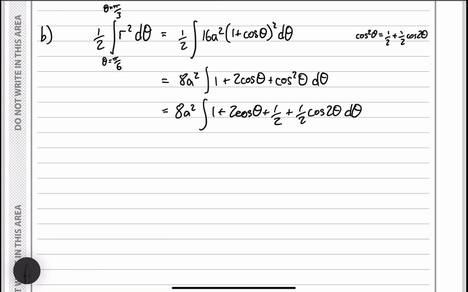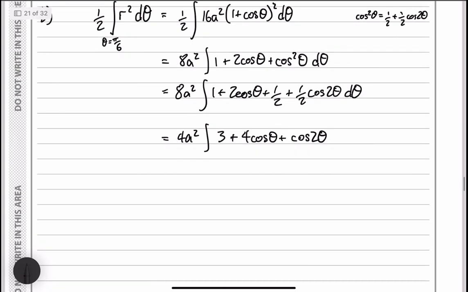And can I take some things out? That's a 3 over 2. So let me take the half out. Let's make that 4a squared integral 3 plus 4 cos theta plus cos 2 theta. So I've combined my constants and factorized out a half.